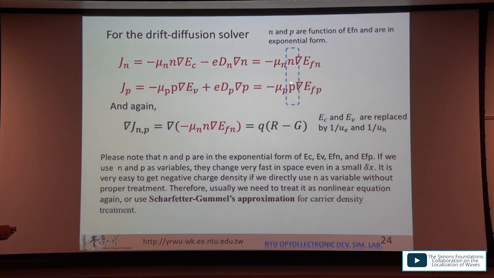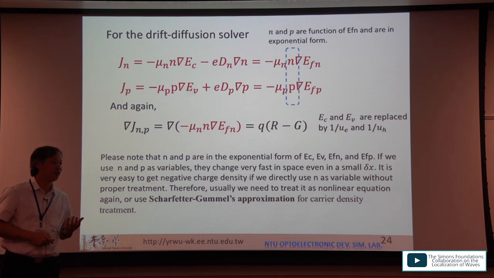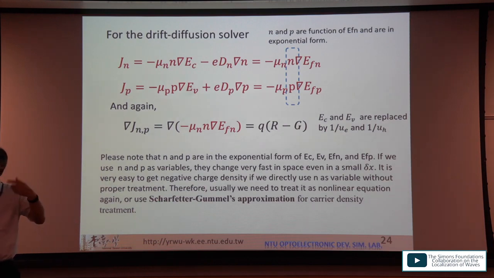So the treatment is that either your n carrier density is a function of exponential EFN, so n needs to be in exponential form plus the modified term F of F1 over half. You need to consider this, expand this equation into a linearized form again, and solve for delta n or delta EFN.